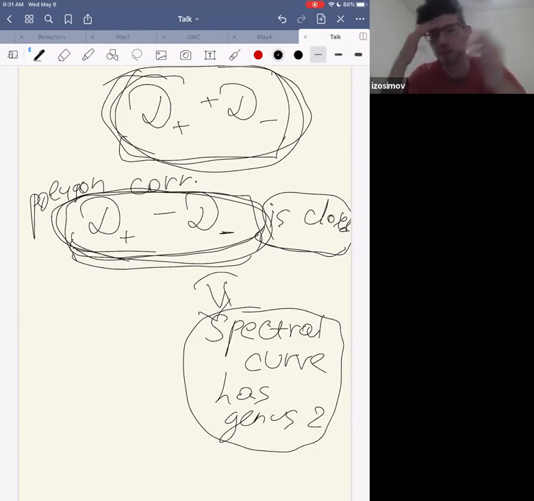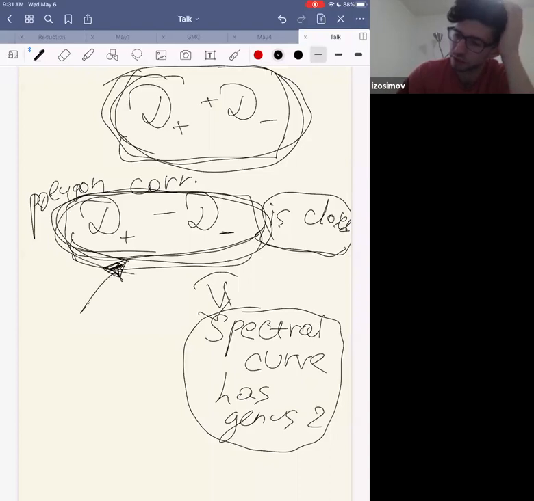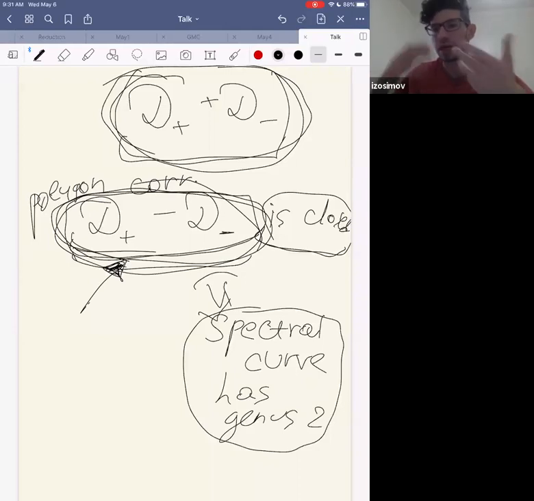This basically follows because we can explicitly express the monodromy matrix for this d plus minus d minus. It's going to be a certain product of matrices. And it can be explicitly expressed in terms of some invariants of the initial polygon. And then we can see that in the convex case, these matrices have certain positivity properties, which prevent the product from being the identity matrix. So it's some kind of a trick.